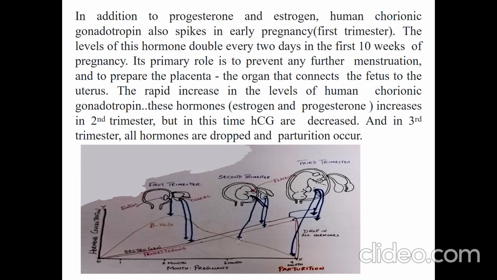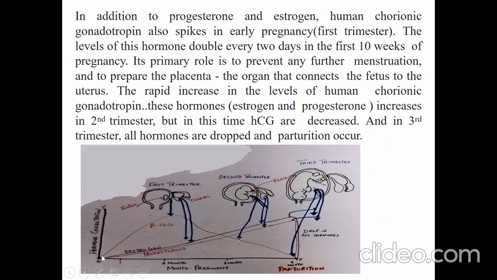Its primary role is to prevent any further menstruation or the abortion of the baby. The rapid increase in the levels of human chorionic gonadotropin makes the increase in the second trimester for the estrogen and progesterone. Here the estrogen and progesterone level is getting increased.